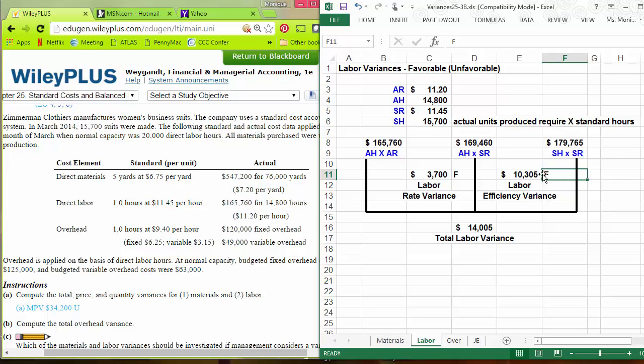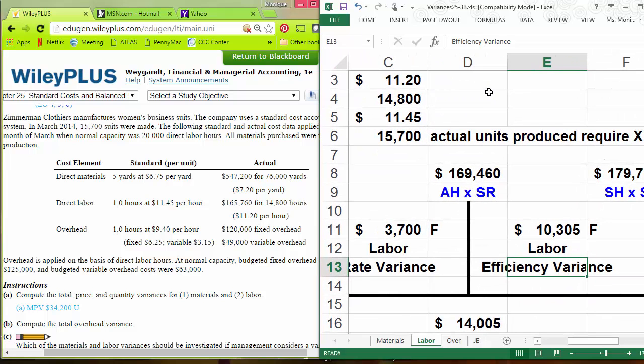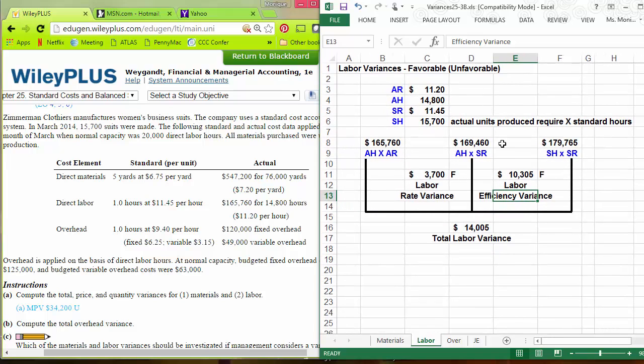And you take the number of hours, multiply it by your standard rate, and that will calculate your labor efficiency variance. I have efficiency variance here, but it's the same. How efficient are we when we make our suits? So we can go ahead and put in there efficiency variance.